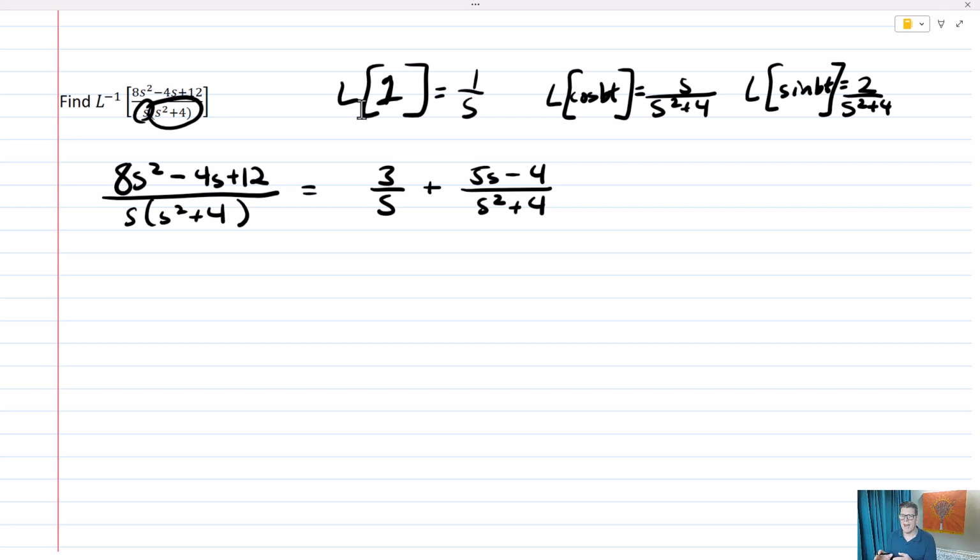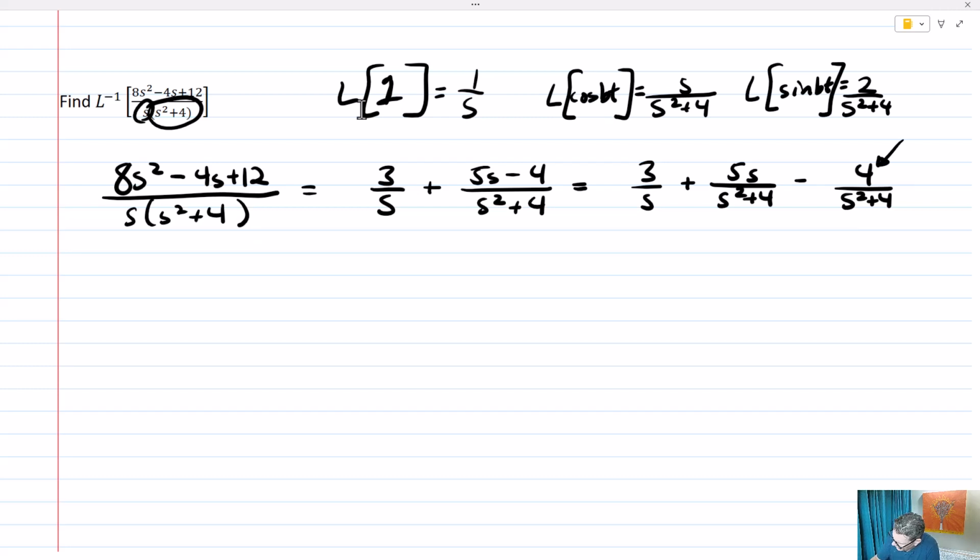So now I have something where I know what the inverses are going to be. And I'm going to separate that out even more. I'm going to get 3 over s plus 5s over s squared plus 4 minus 4 over s squared plus 4. Now, I want to get this to be a 2 in order to make it my sine of bt.